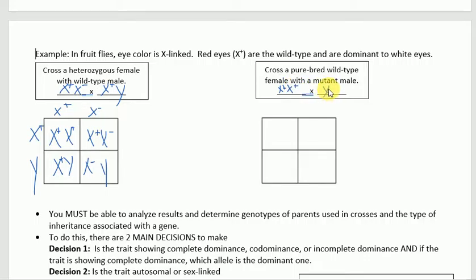Remember I said mutant is the recessive, the white, so that would be X^- Y. If we cross those, we're going to end up with X^+ X^-, X^+ X^-, X^+ Y, and X^+ Y. So we're going to end up with two wild type females and two wild type males.